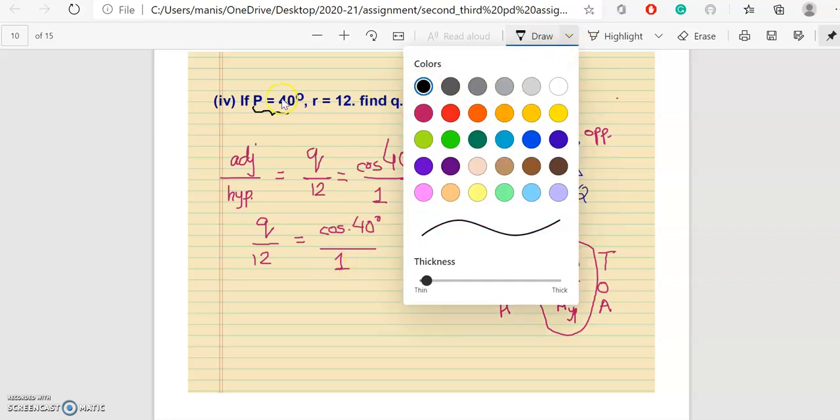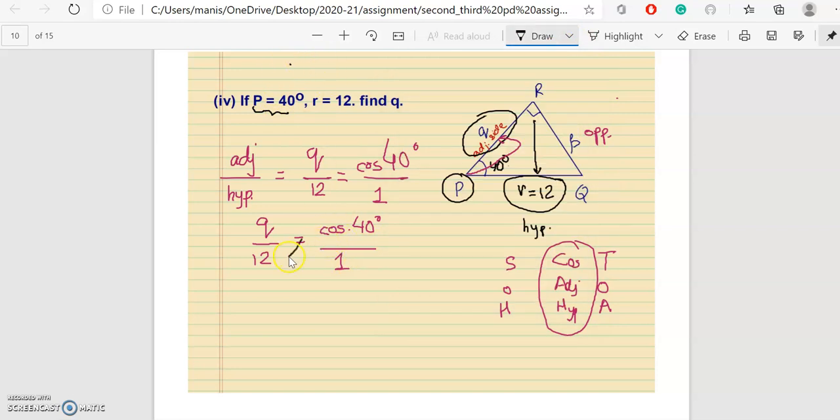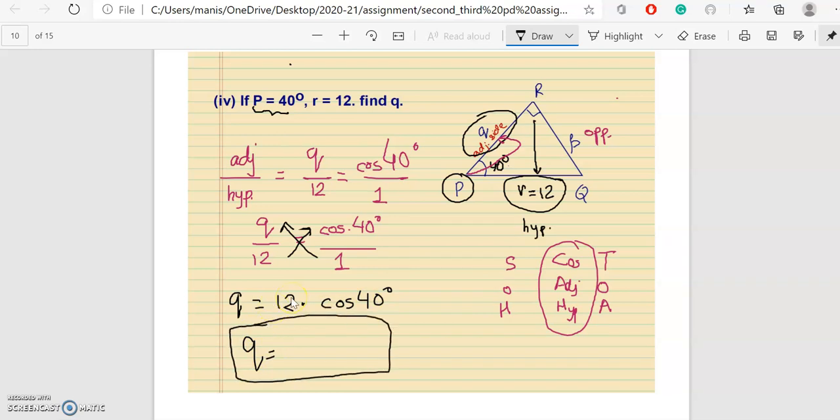So we will cross multiply as we have been doing in previous problems. Look over here. It says Q times 1 is Q, which is equal to 12 times cosine of 40 degrees. So the only thing left is to multiply 12 with cosine 40 degrees, which will give your answer. So let's use our calculator.